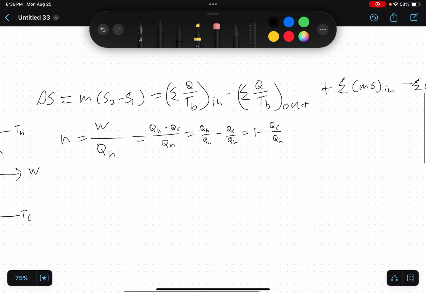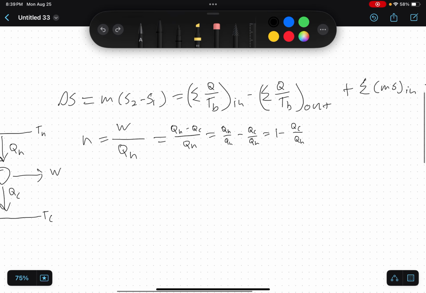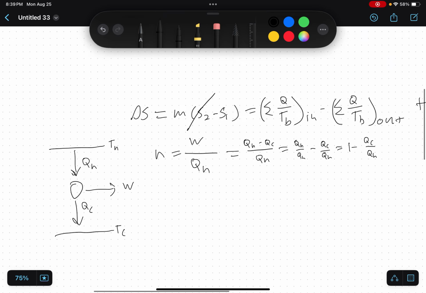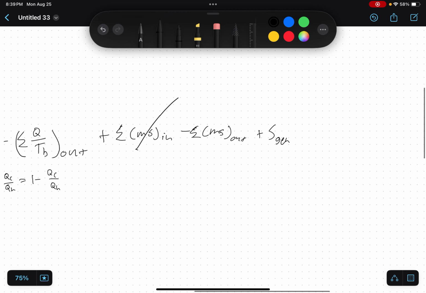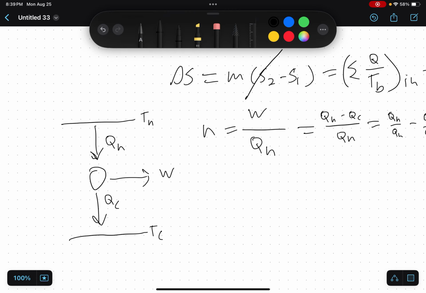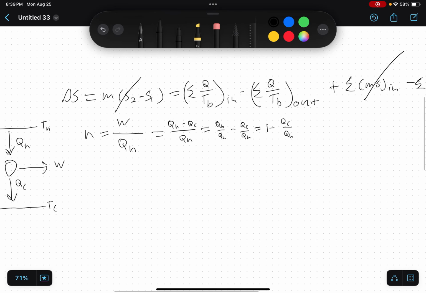Okay, now let's bring in our entropy equation. In this case, there's no internal mass, and there's no mass flowing in or out of the system, because there's just no mass. There's just heat moving around. So what are we left with?